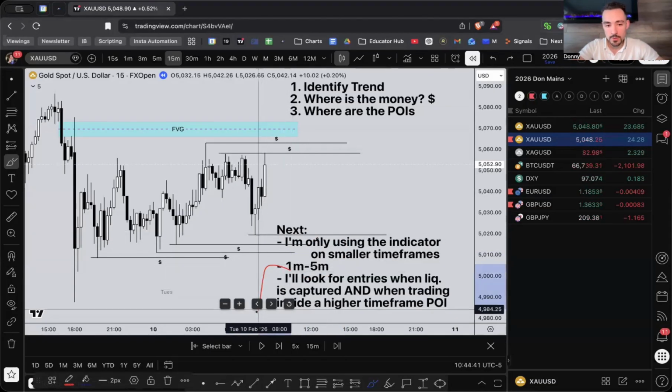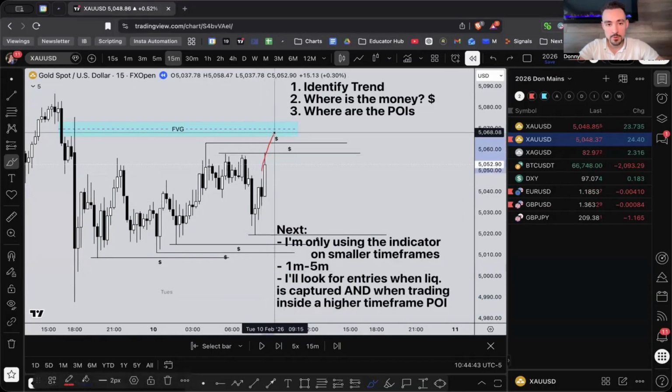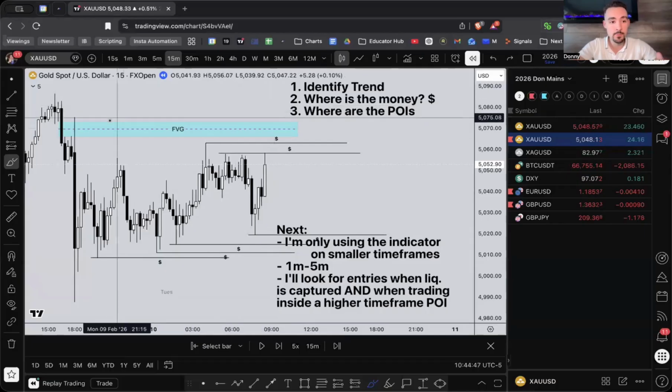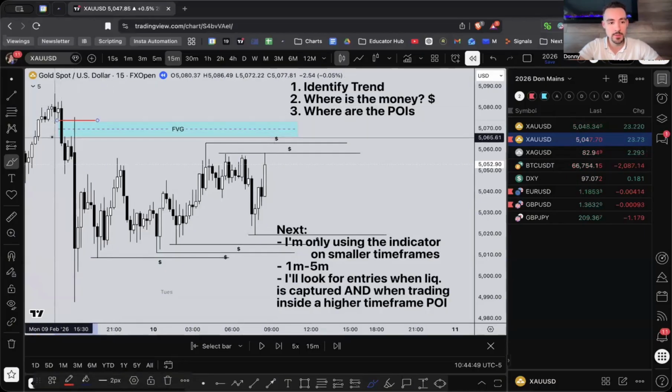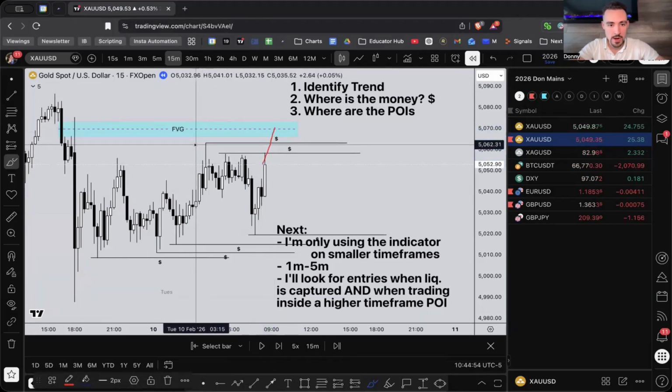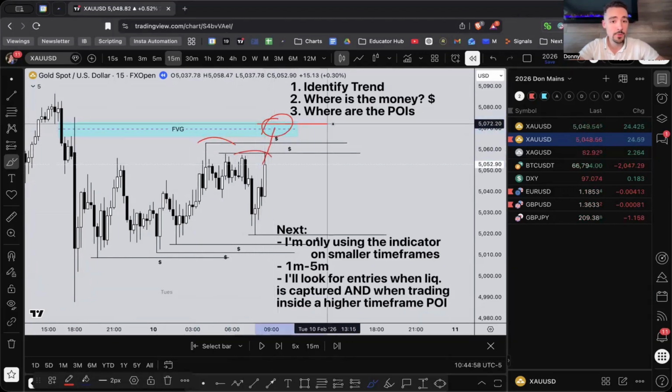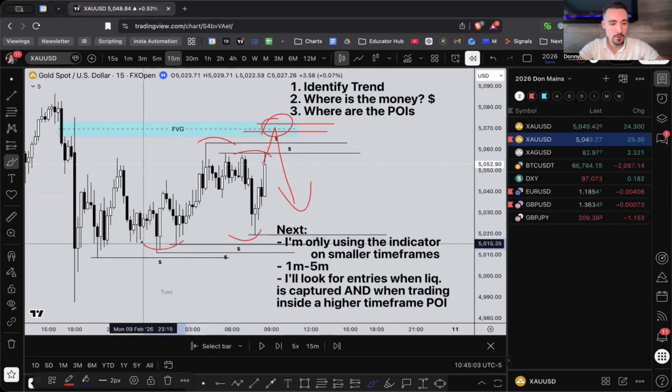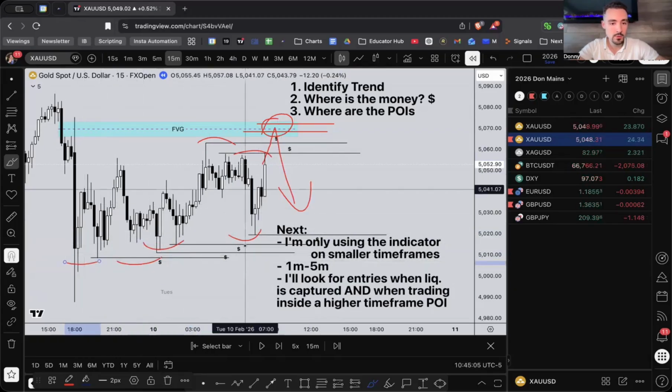And I'll only look for entries when liquidity is captured and/or when trading inside a higher time frame point of interest. So this is a higher time frame fair value gap on the 15-minute. If we were to trade up into this, we're capturing liquidity, and I would look for an inversion in this area to take sells to then target the other side of liquidity. Very simple. I mean, this is the way I trade all the time.